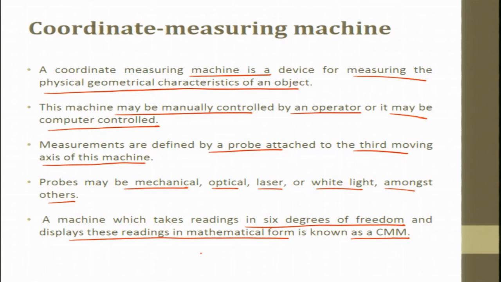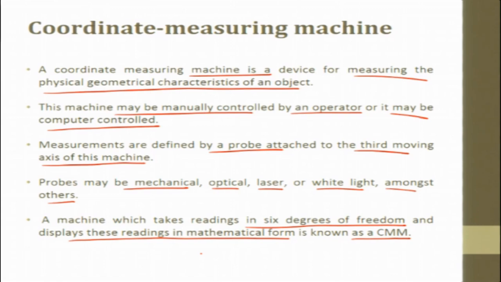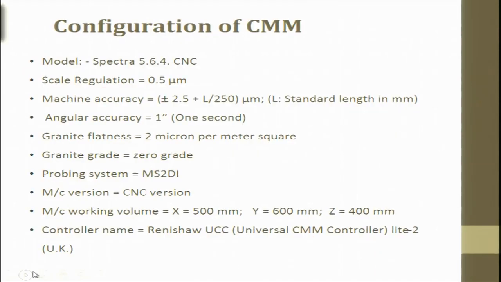If we know that there is a structured form, we can select it beforehand, for example a circle that we are going to measure. For a circle, a minimum number of points is required. For a plane, 3 points are required to define a plane. For a cylinder, 8 points are required. For a cone, 8 points are required. I'll come to them. The CMM machine that we have here is the Spectra 564.